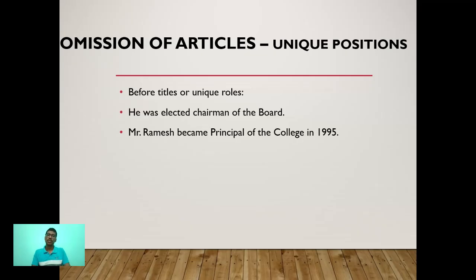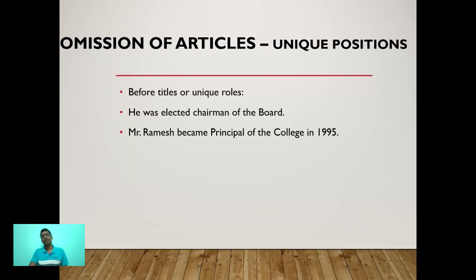So we never use these articles in front of the unique positions. For example, he was elected chairman of the board. We didn't say he was the chairman of the board. Rather, it was elected. The position chairman is unique to that board. So he is elected chairman of the board.